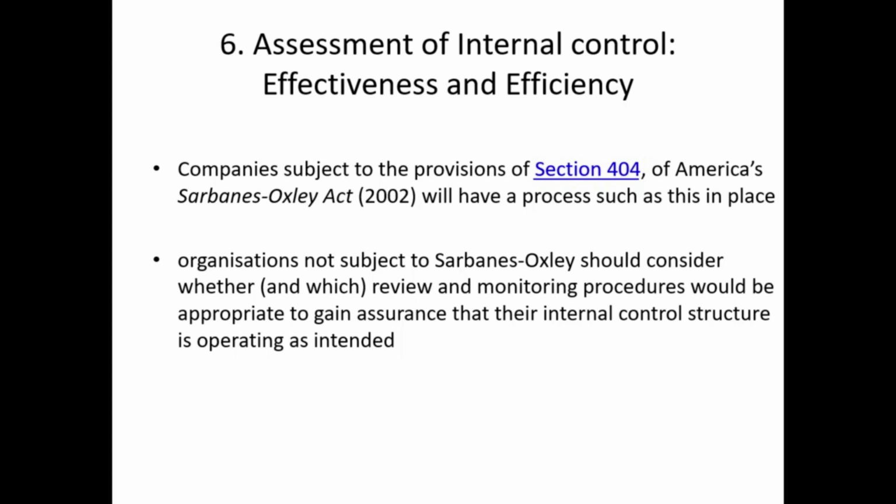Now, this effectiveness does link back to a legislative process, obviously the likes of the Sarbanes-Oxley Act in the US. This makes sure that organizations do review and monitor their processes, and make sure they have internal controls.